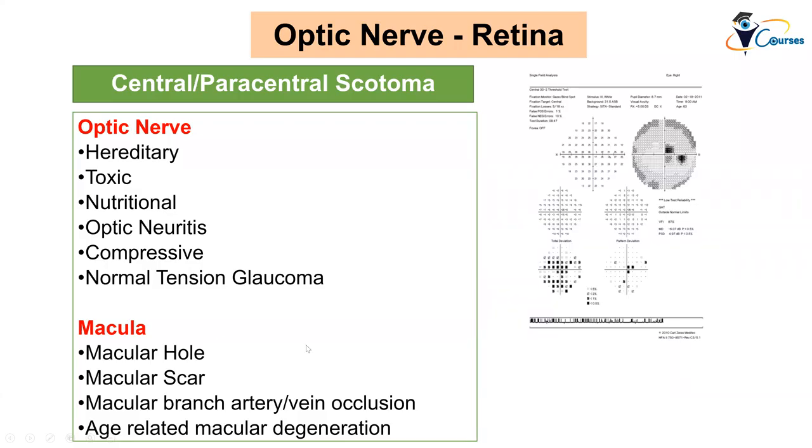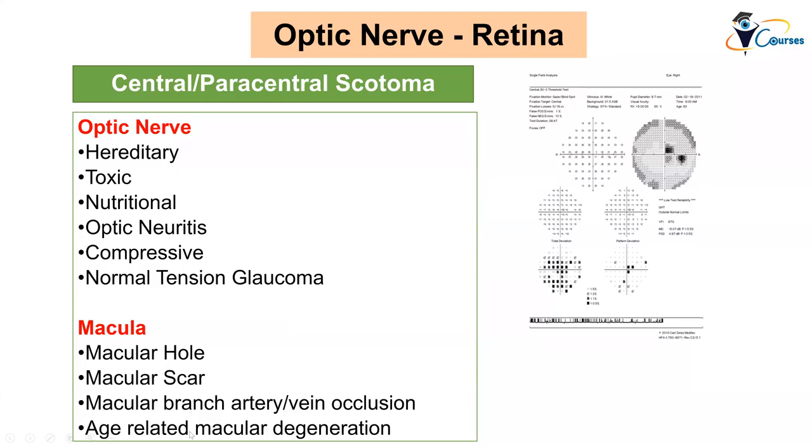But generally speaking, central or paracentral scotoma is more of an optic nerve lesion or macular lesion rather than glaucoma. Glaucoma tends to affect the central vision late. So central or paracentral scotoma is not common in terms of neurological visual field defects, and acute defects are also not common in neurological field defects.